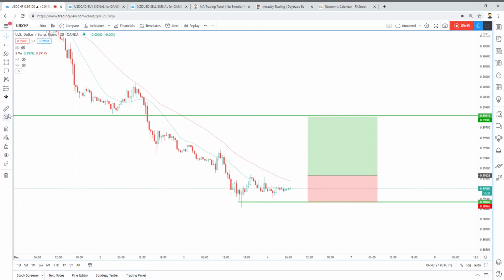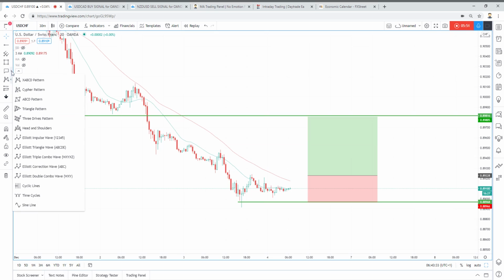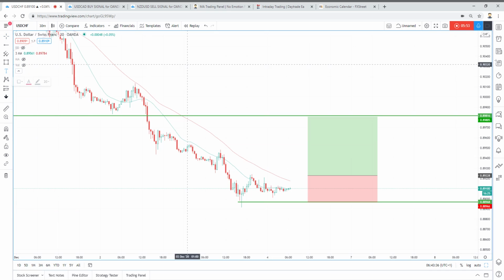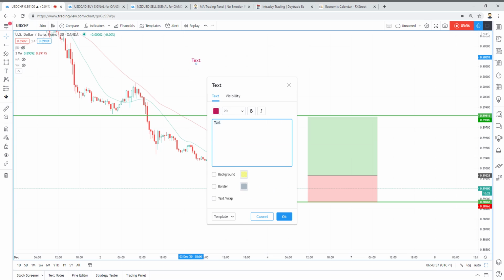So what I'm going to write down are the details of those setups. Buy on break above the 50 SMA on the 30-minute chart.